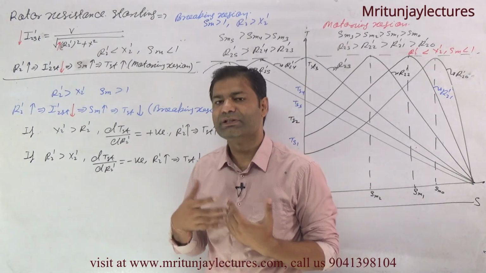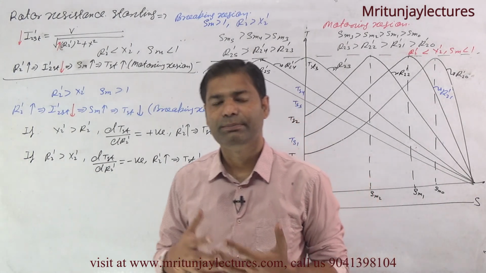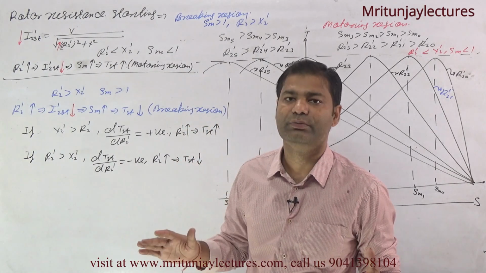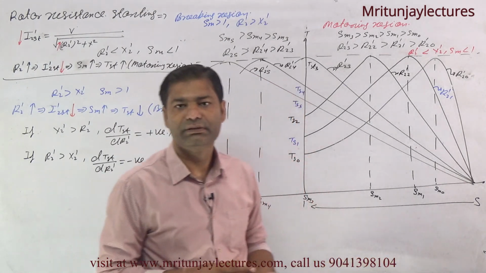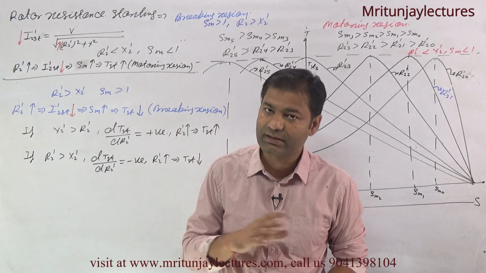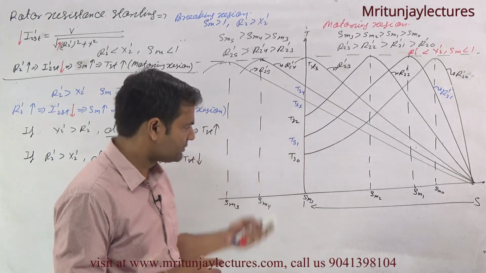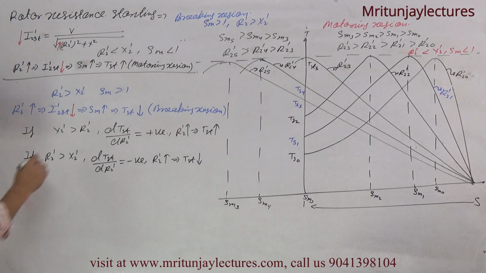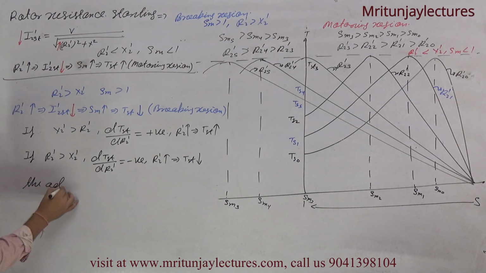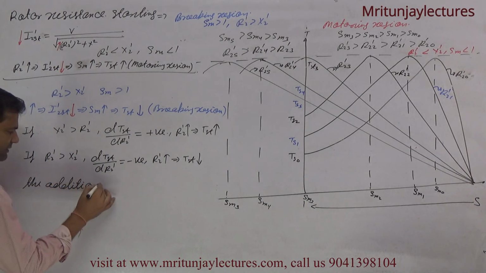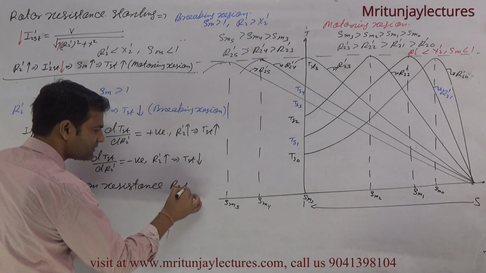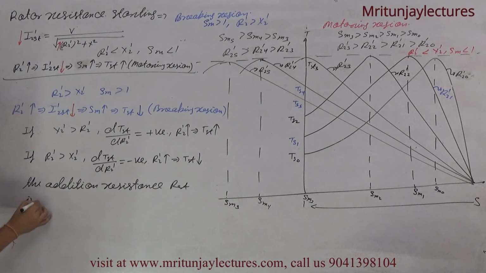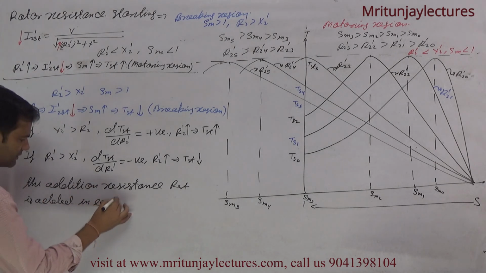That's why once the rotor picks up speed, the external resistance is removed from the rotor circuit. Clear? So right now the additional external resistance is added in each rotor phase.